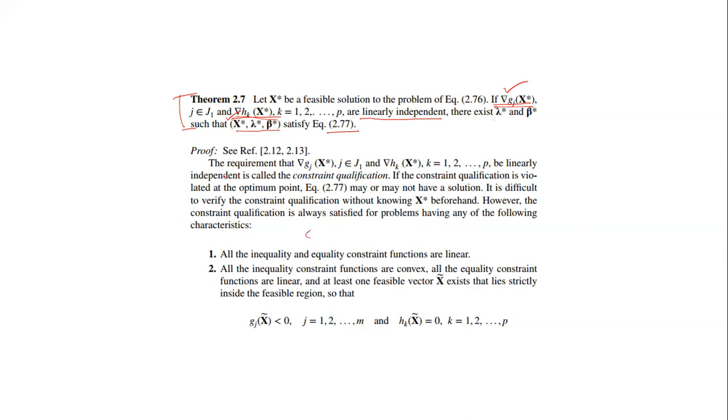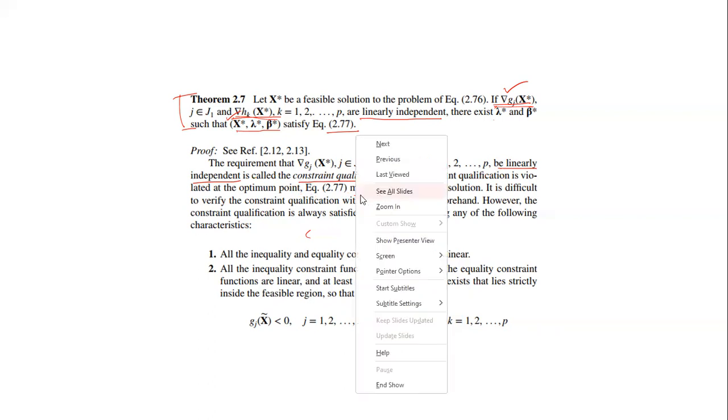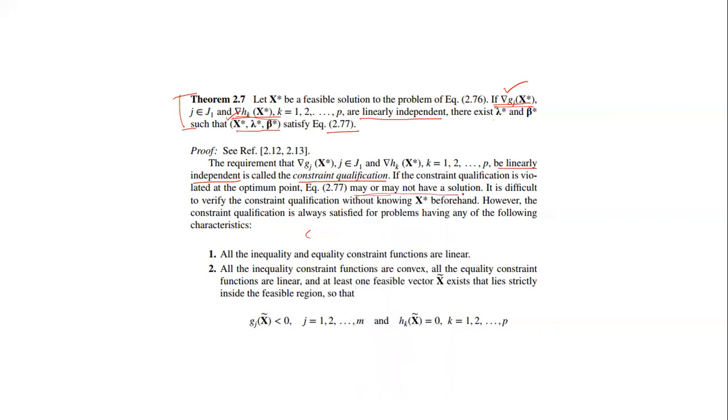So this linear independence is basically known as the constraint qualification. If the constraint qualification is violated, then we are not sure whether the obtained point is a solution or not. We don't have any idea about that.